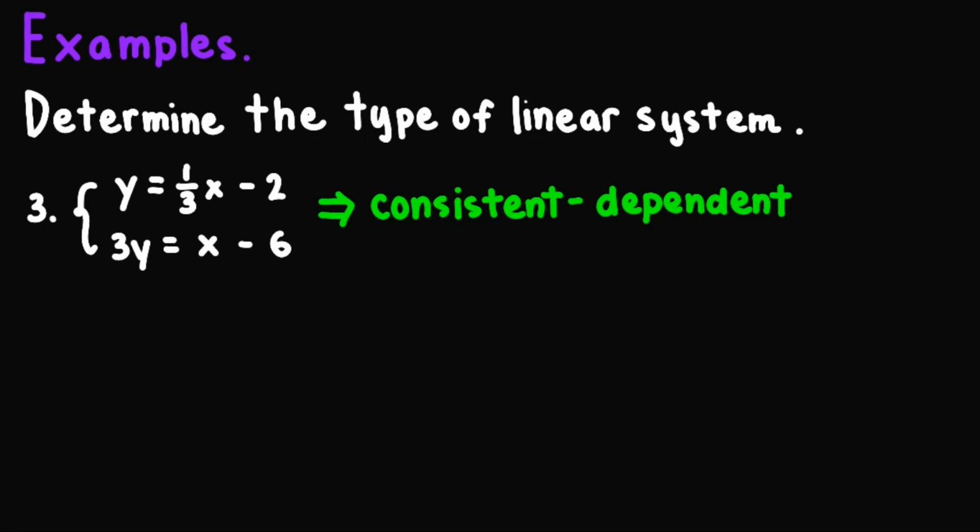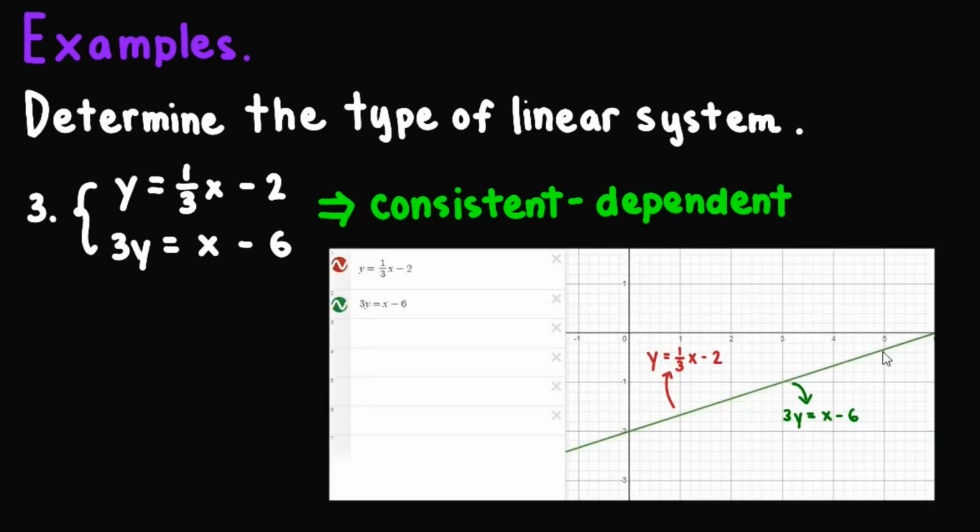And indeed, if we show its graph, again, it might not be evident, but these two lines are just overlapping one another. So in this type of linear system, again, we have infinitely many solutions, since these two lines intersect at every possible point.